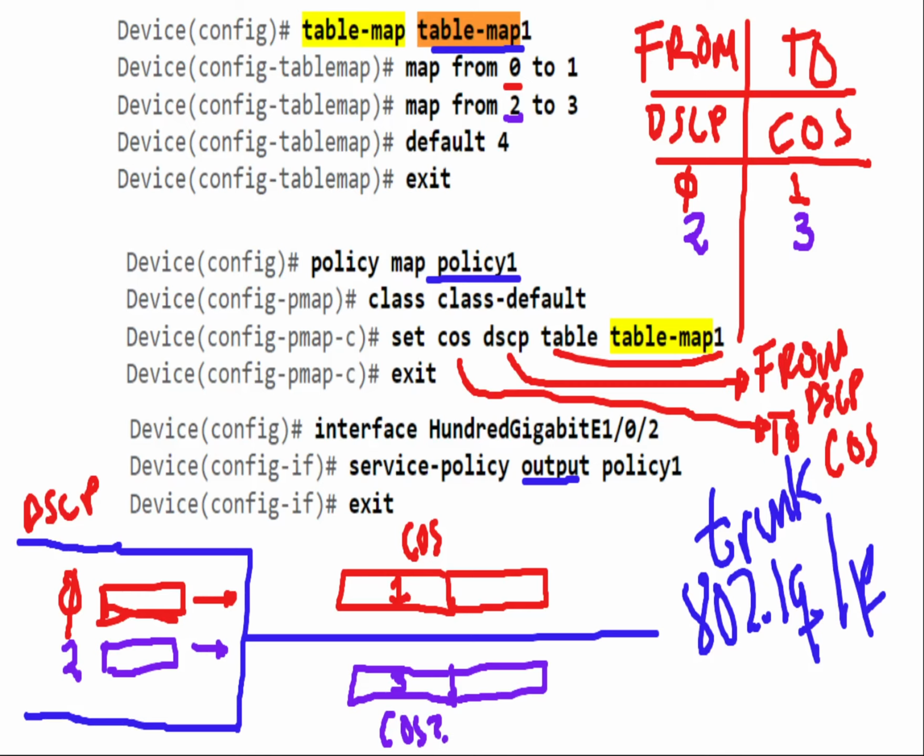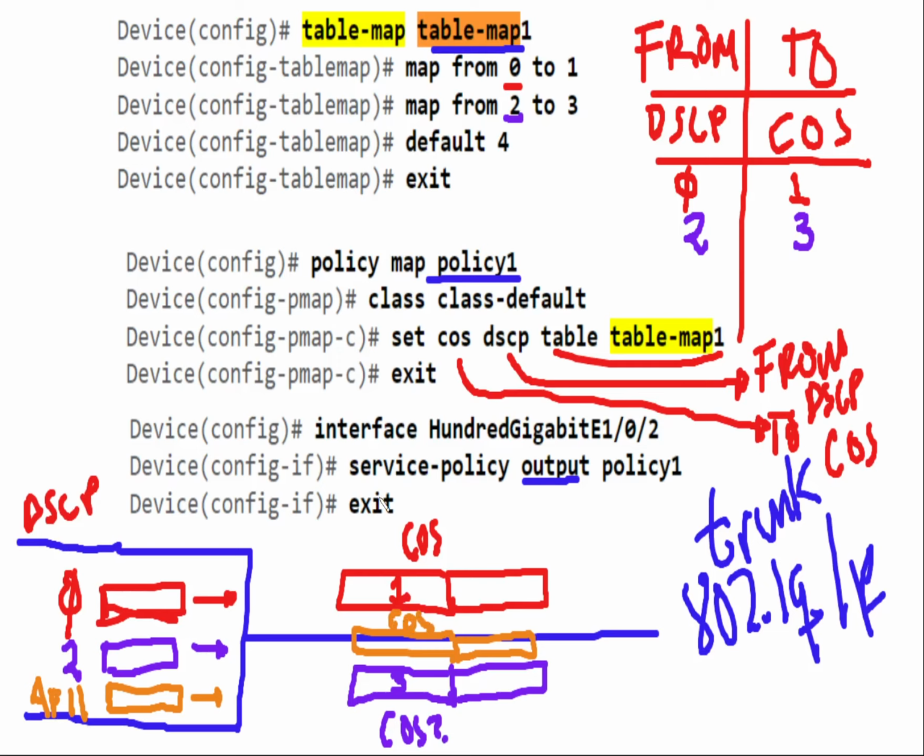And let's say we have another packet. In this case, this other packet happens to have another DSCP value, let's say AF11, and it wants to leave my switch. So I have to transmit this packet over this trunk, but then the question arises, what cost value am I going to use?